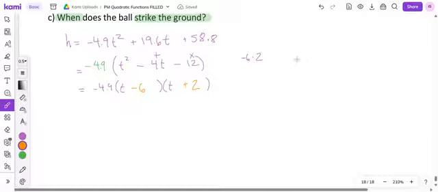What's happening on the left side of the equation? What is happening here, everyone? That's right. Height equals 0. So since I have it in factored form with a 0, I can use the zero product property. And I can say, okay, in that case, t equals 6 and t equals -2.